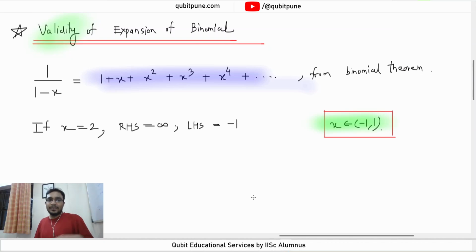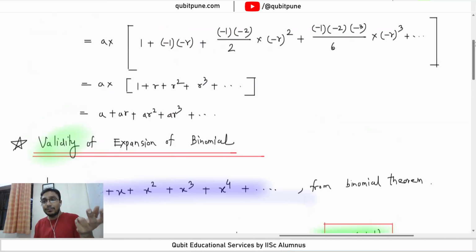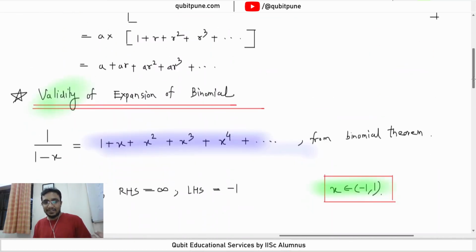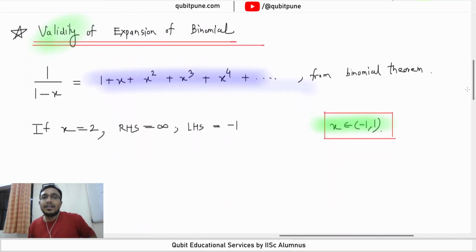Same thing here. When we are using the binomial expansion, we should ensure that the value of x for which we are doing it is in that particular range, -1 to +1. Now we know this from the geometric progression perspective because we have obtained that result in the context of geometric progression. But the same thing should also be applied to other expansions of binomial theorem where n is not a natural number.